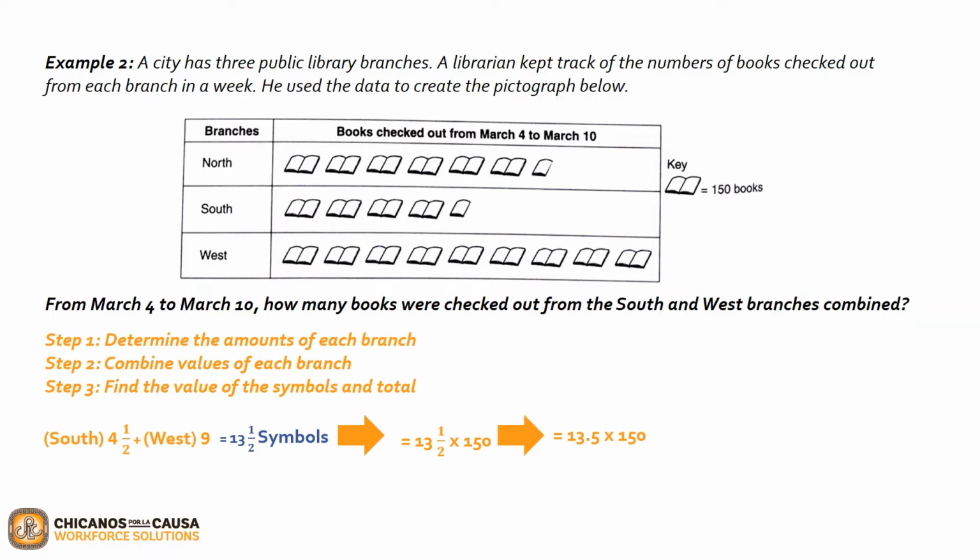As you know, 1/2 represents the decimal 0.5. This was just a quick transition, and it'll make it easier on your end, whether you're using a calculator or working this out on your own. So if we take 13.5 times 150, that gives us a total of 2,025 books. So the 2,025 books is the combined amount of the books that can be found at both South and West branches. Therefore, this is our final answer.